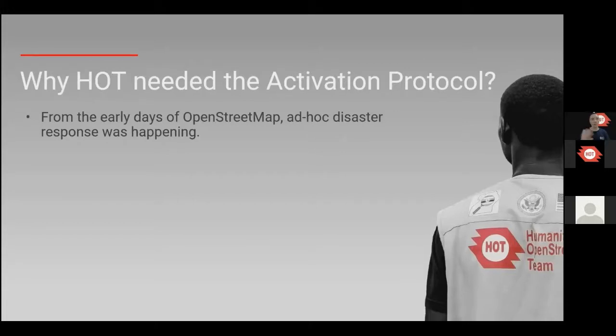Going back to 2005, when OpenStreetMap was barely a year old, there were already people exploring this territory. If this was successful and a crowd rallied around a particular event, two things would typically happen. One, lots of people would join in and start mapping the area together.